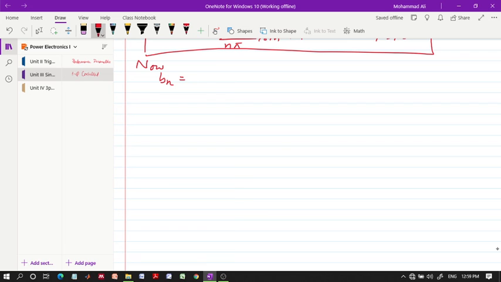Bn can be written as 1 upon pi, integral from alpha to 2 pi plus alpha, i of t. Now instead of using cosine of omega t, we are using sine of omega t. Okay, and when you solve this it will come out to be like this.